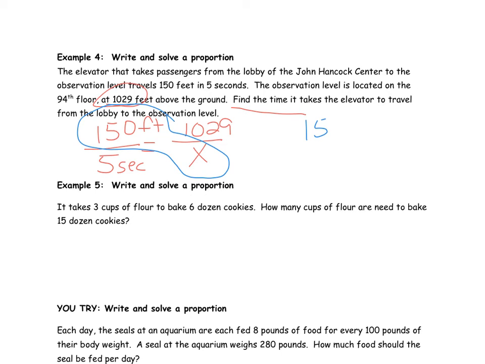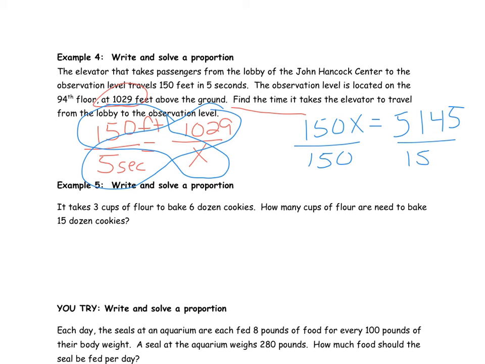So 150x equals 1,029 times 5, which equals 5,145. Okay, and then I divide by 150, which equals 34.3 seconds.